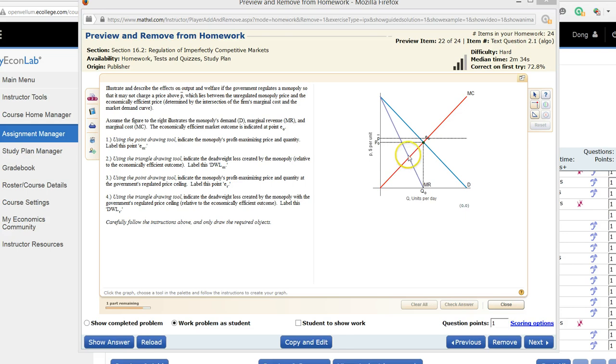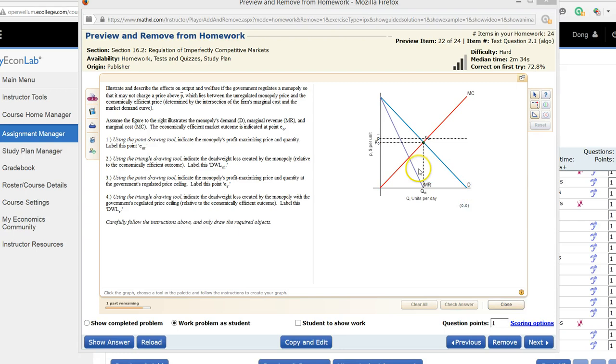Then the setup says that the government steps in and regulates a price, P bar, which lies between P0, the competitive price, which is simply the intersection of the marginal cost and demand curve, because for the competitive firm, the demand curve is the same as the marginal revenue curve.